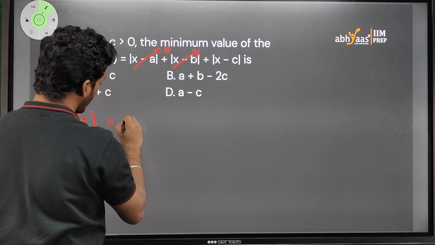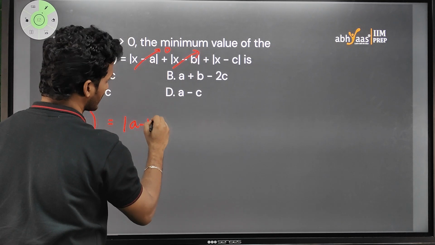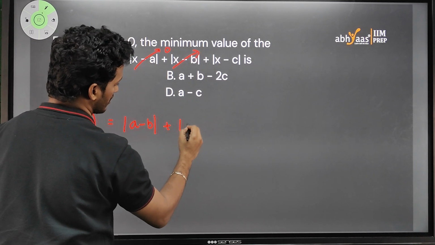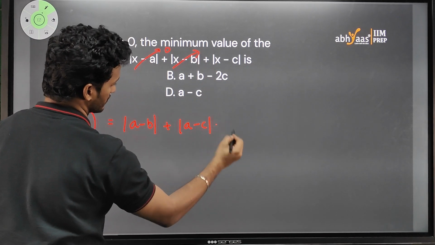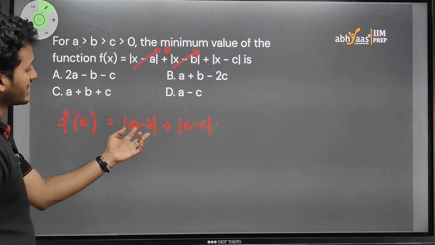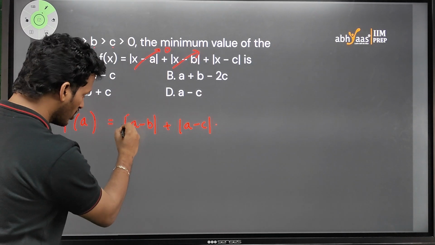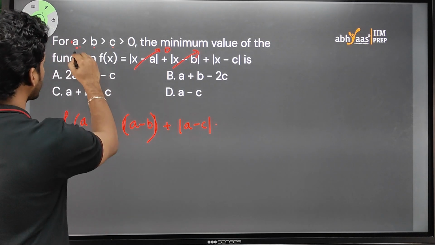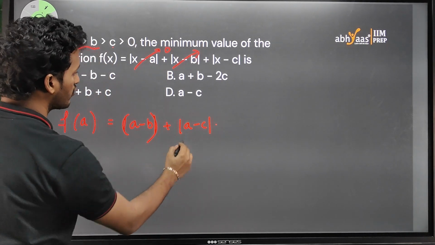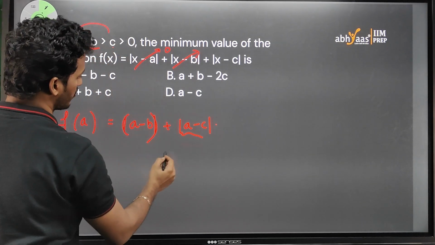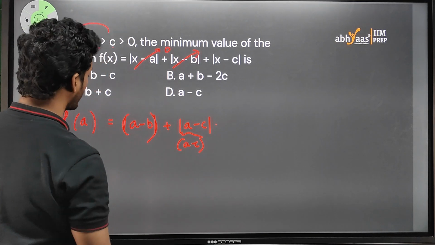This will become mod of a minus b, and this will be a minus c. Will a minus b be negative or positive? It will be positive only. And what about a minus c? Again, it will be positive. No need to worry about it.